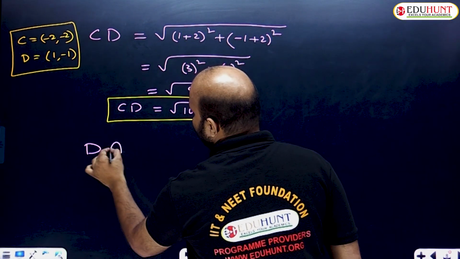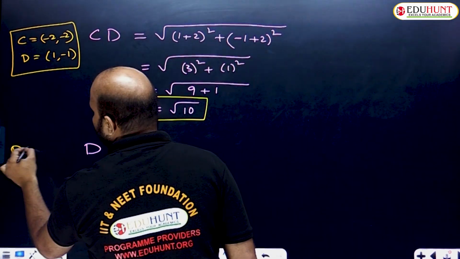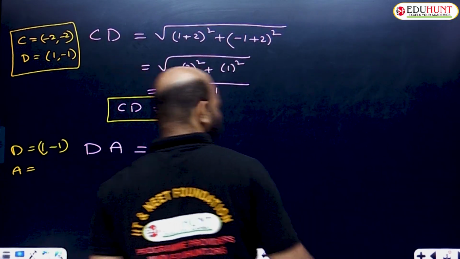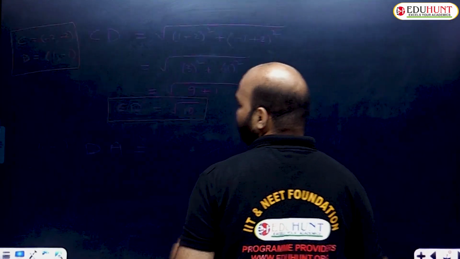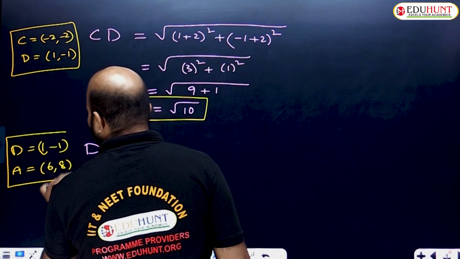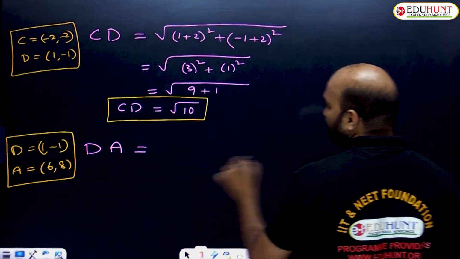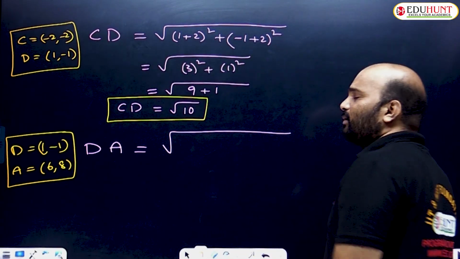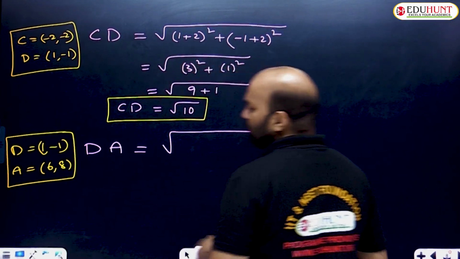Finally we need to find DA or AD. What are the D coordinates here? D coordinates are 1 comma minus 1 and A coordinates are 6 comma 8. By using the D and A coordinates we will get the AD distance or DA distance. By the distance formula, square root of (x2 minus x1) whole square plus (y2 minus y1) whole square. Here D coordinates are x1, y1 and A coordinates are x2, y2.